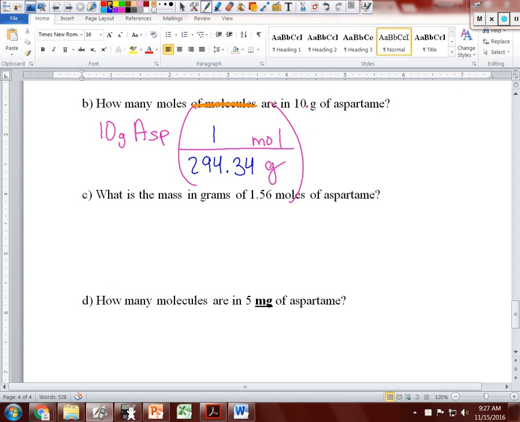Okay. Now, so what is that in significant figures? You do 10 divided by 294.